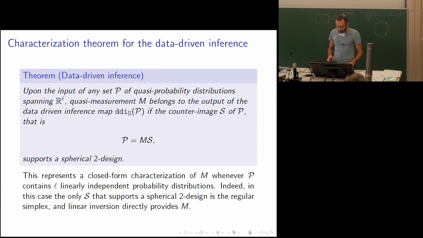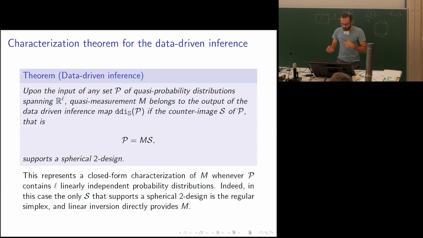A couple of comments. This is a complete characterization for qubits because the state space is a ball, and it's a characterization of a subset of that arg mean for dimensions higher than 2, because this theorem internally uses an outer approximation of the state space in terms of that ball that I mentioned earlier, and this approximation is exactly an approximation, not exact, for any dimension higher than 2.